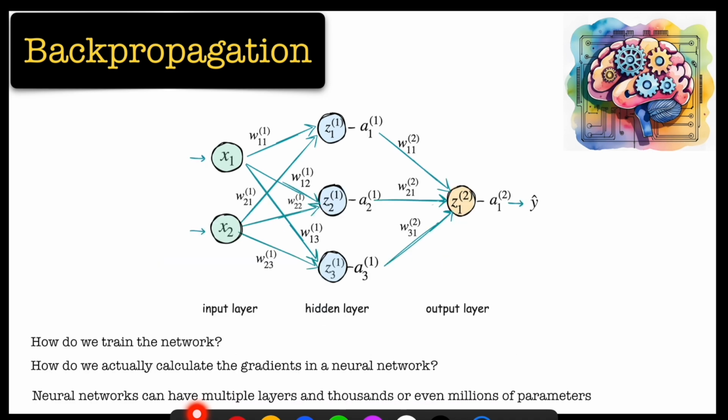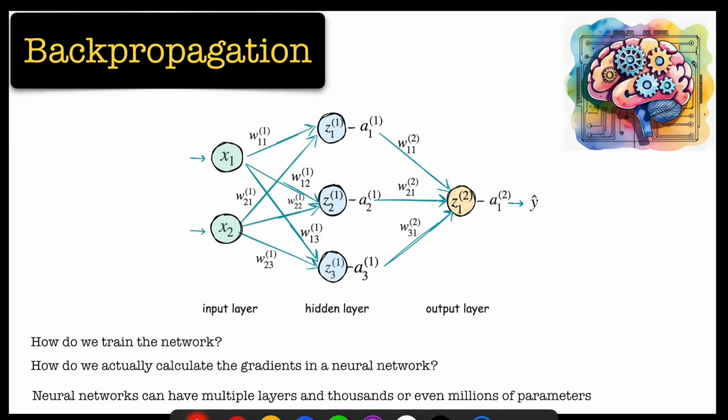It's about how we train this neural network. Initially we start with a few random weight parameters and we calculate these values layer by layer, and ultimately we get some y hat.